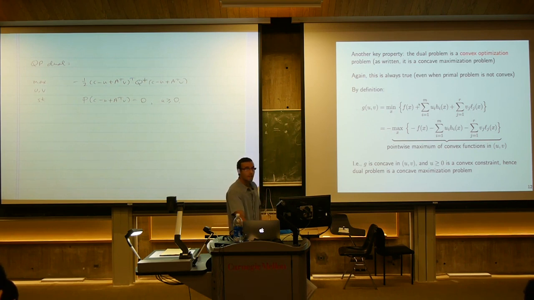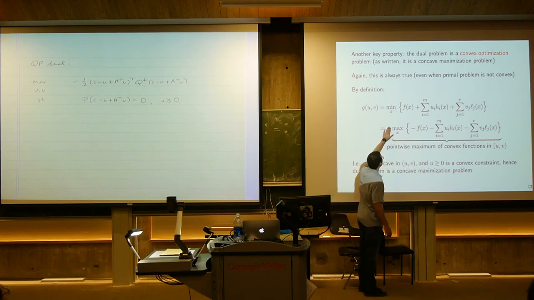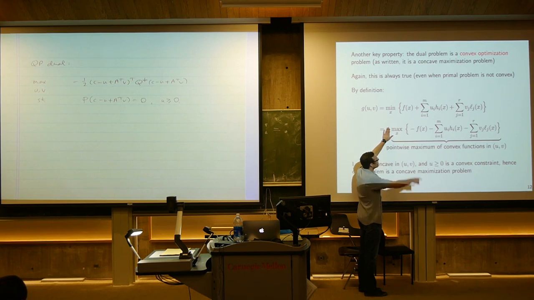Let's rewrite that by putting a minus sign inside the minimization, changing the minimization to a maximization, and then putting a minus sign on the outside. It's just helpful for us to look at it that way. Forget this outer minus sign. We're maximizing over all x some functions, and we want to think about them as functions of u and v.